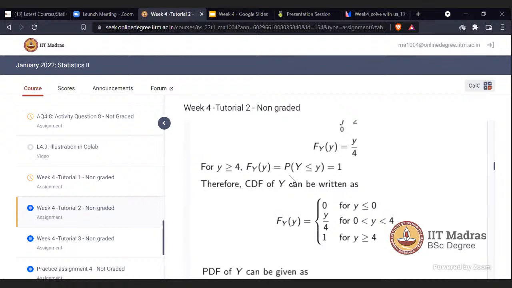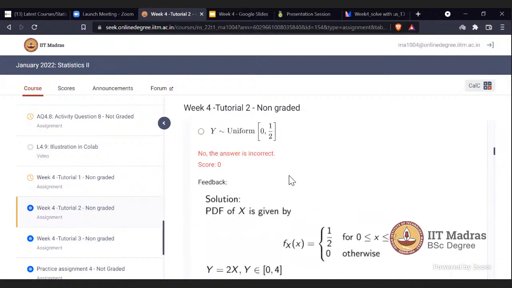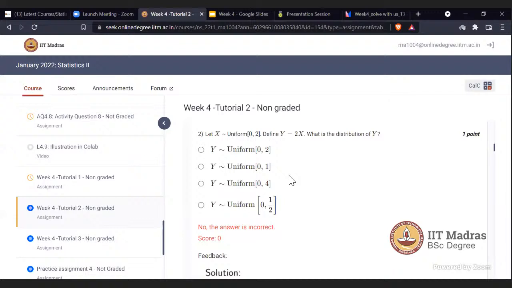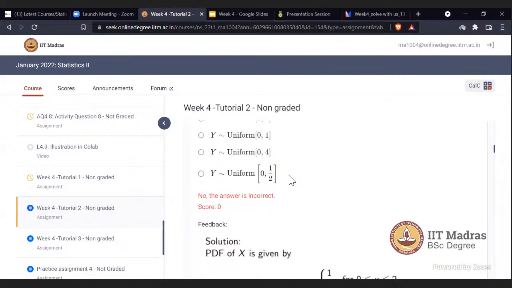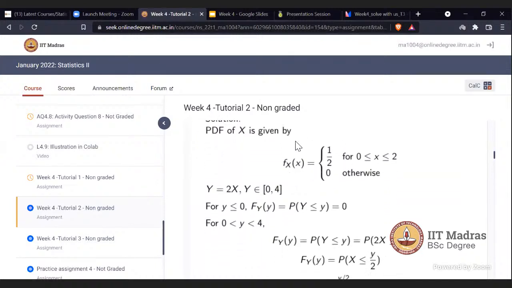Can we do it step by step on the solutions? Please just explain without the pen. The PDF of X is given, and Y is equal to 2X.